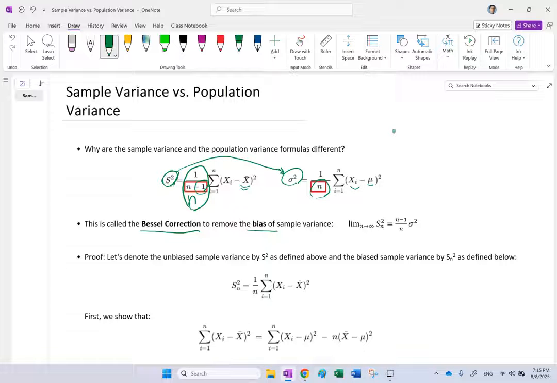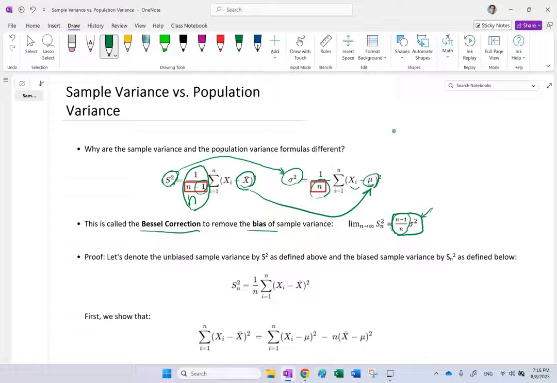So when you make this number of data in the sample bigger and bigger, ideally your x bar should converge to mu and your s squared should converge to sigma squared, right? But it doesn't. X bar does converge to mu, but s squared does not converge to sigma squared. Actually, it converges to n minus 1 over n times sigma squared. So you see, it does not exactly converge to sigma squared. It converges to something a little bit smaller. This number is less than 1, right?